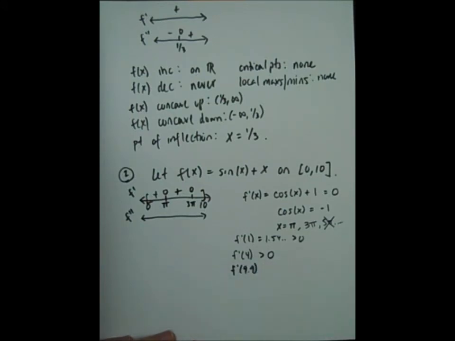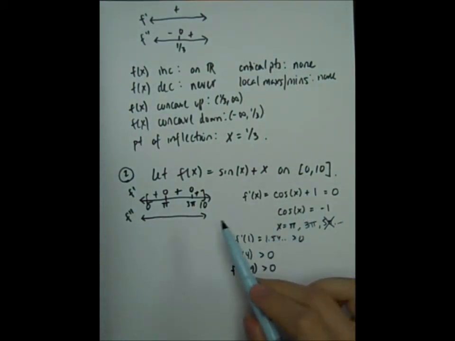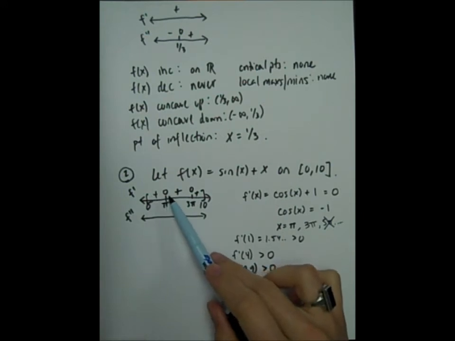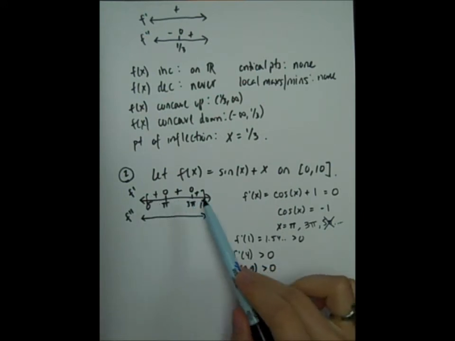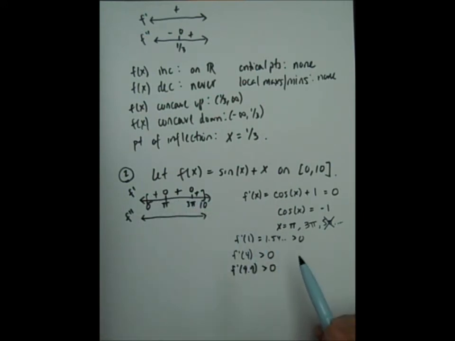So cosine of 9.9 plus 1 is, again, positive. So I found all of my critical points, plotted them, found out when it was increasing and decreasing, so there are my pluses and minuses.